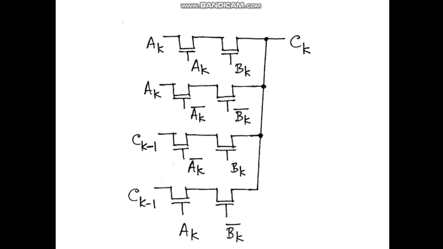That means CK is equal to 0. Now for the next combination, when both AK and BK are 1, AK is made available at CK. In this case, CK becomes 1 as AK and BK are 1.